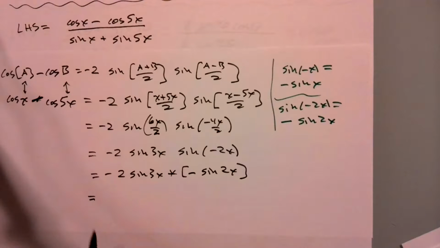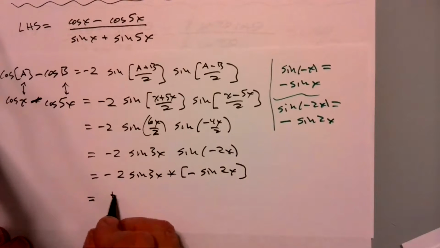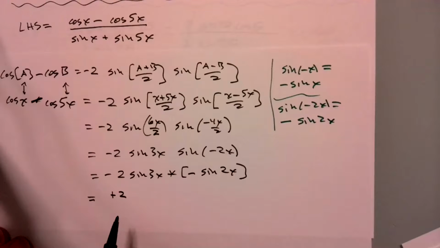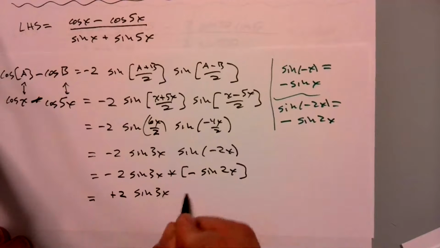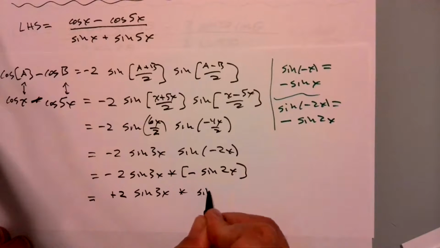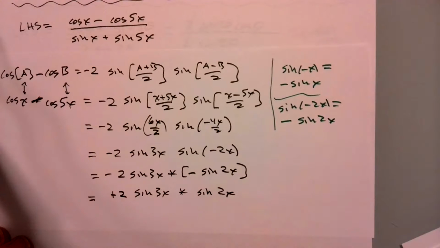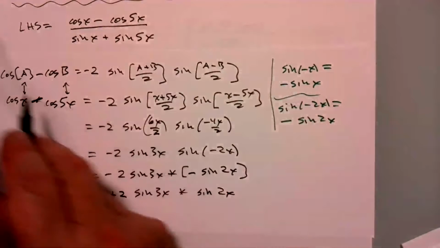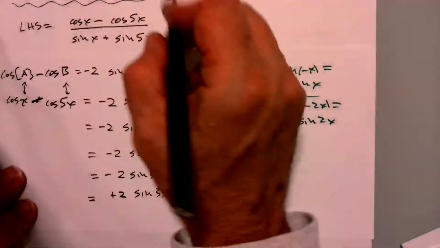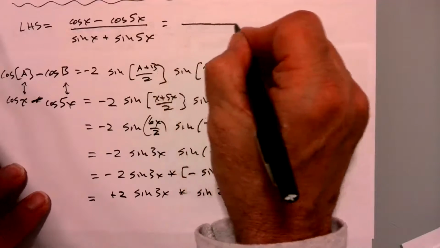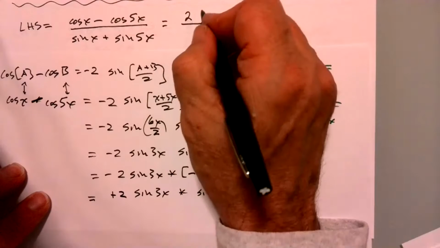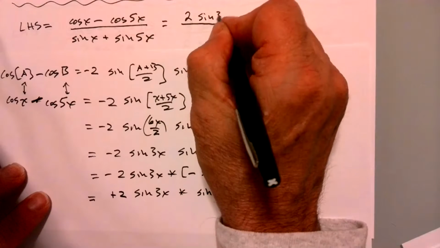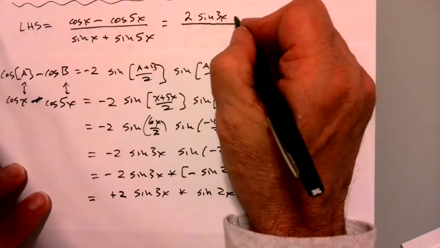So I get positive 2, then I have sine 3x times sine 2x. Hope that's right. So that's on the top. That's cos x minus cos 5x. So we'll put that up top, which is 2 sine 3x times the sine of 2x.